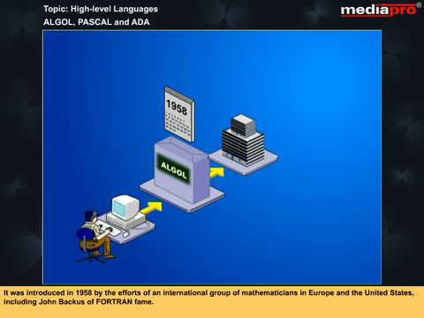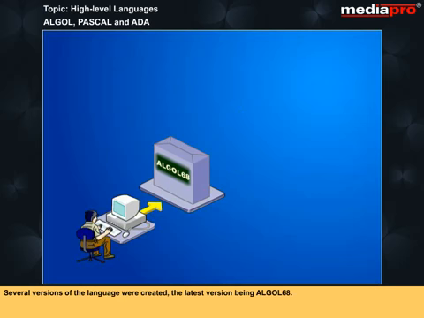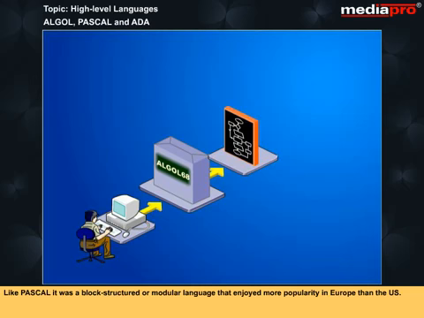It was introduced in 1958 by the efforts of an international group of mathematicians in Europe and the United States, including John Backus of the FORTRAN fame. Several versions of the language were created, the latest version being ALGOL 68. Like Pascal, it was a block-structured or modular language that enjoyed more popularity in Europe than the US.